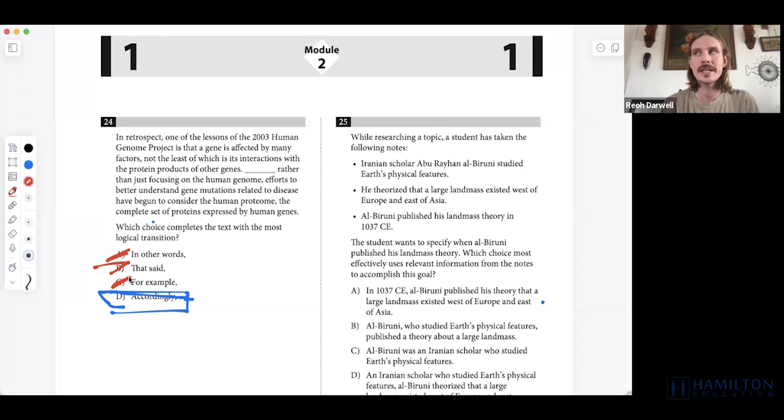It isn't used to build off a claim. It isn't a cause and effect. It's not a consequence type thing, right? When we say, for example, we're saying, looking at this, we should see this. For example, usually would come after something like thus, so like the sentence after a sentence beginning with thus. So therefore, or accordingly, our only answer choice that works here would be accordingly. Answer choice D.